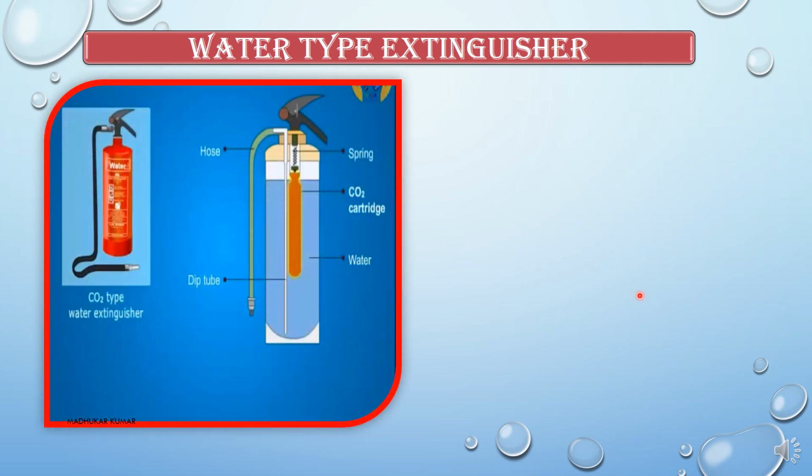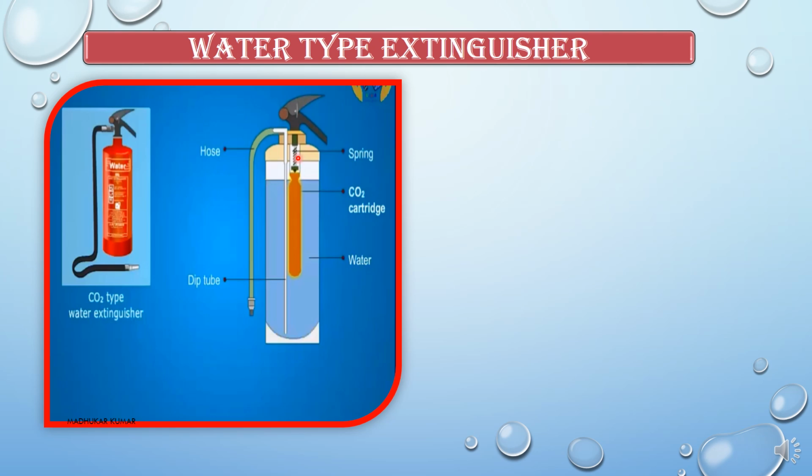So this is your water type portable extinguisher cross sectional view. You can see that this is your handle, and this is your safety pin. This is the hose which is coming out, which can be utilized for directing the jet of water to the fire seat. This is the water which is filled inside. Here you have the CO2 cartridge, and this is the dip tube, and this is the spring attached.